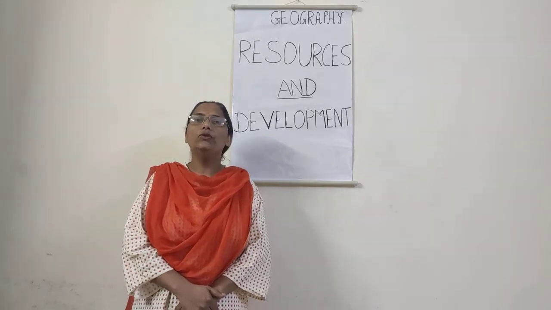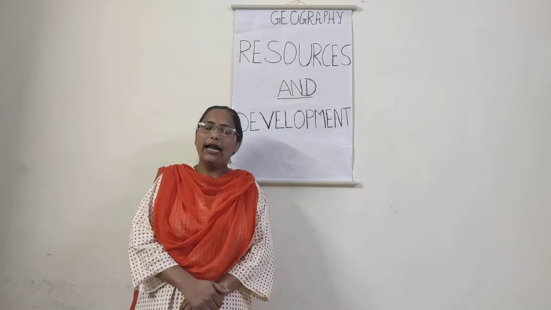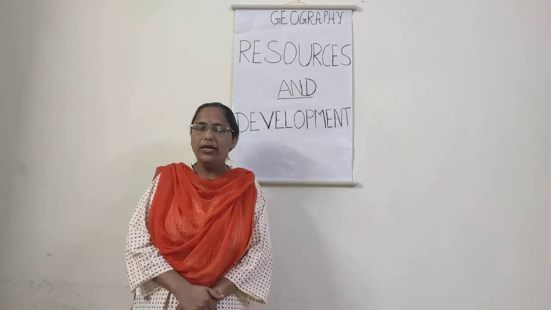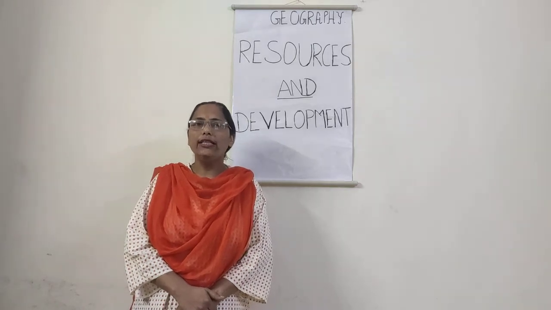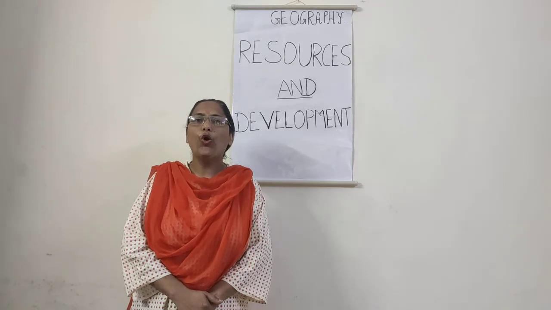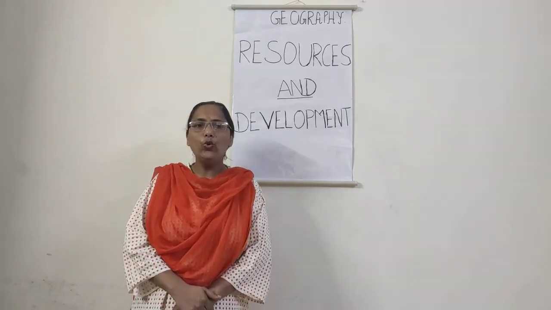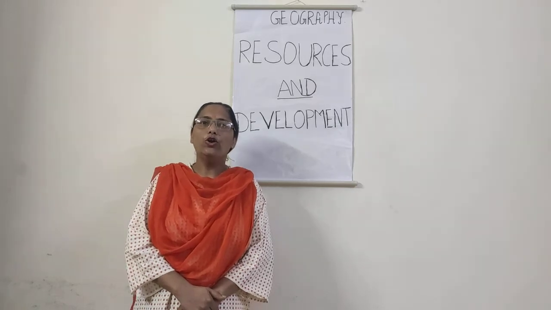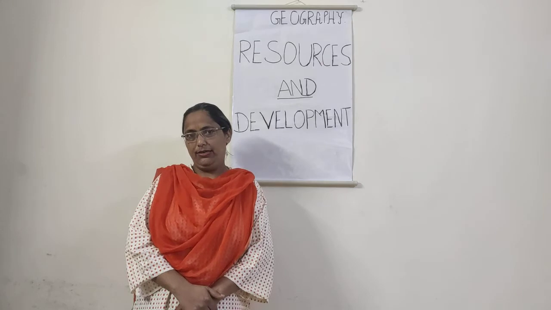When we talk about the land use pattern, we find that in the year 1960 to 61, the total land mass of our country in the form of forest was 18.11%. But in 2008, the data rose to 22.78%.